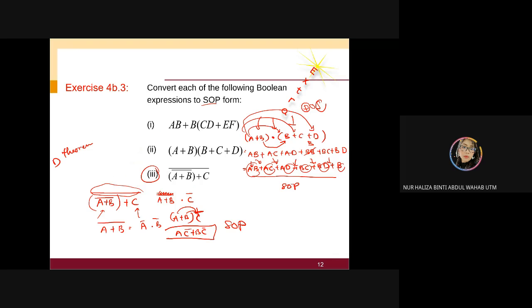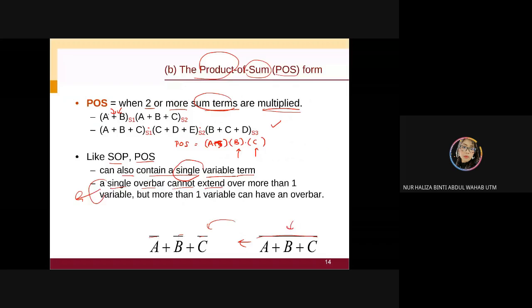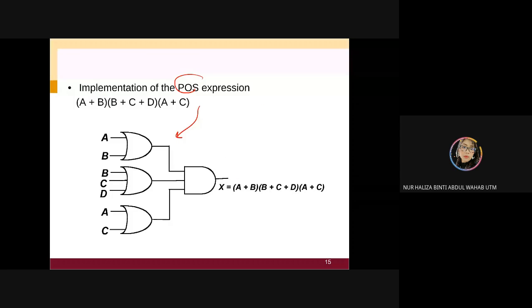So let's look at your POS circuit. For POS, you're going to add, add, add, and then you're going to multiply. After you get all the adding values, you're going to multiply. Your SOP, again I mentioned, you're going to multiply, multiply, multiply.